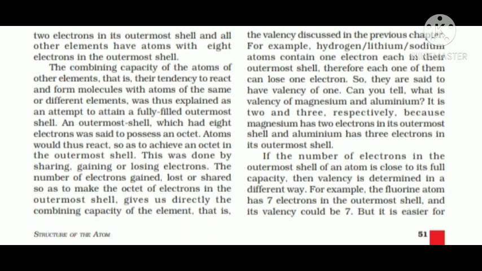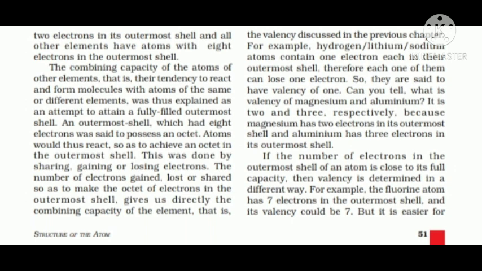Consider the 3 elements: hydrogen, lithium, sodium. The atoms of hydrogen, lithium and sodium contain 1 electron in the outermost shell. So for them, it is easy to lose 1 electron. So they have valency 1.